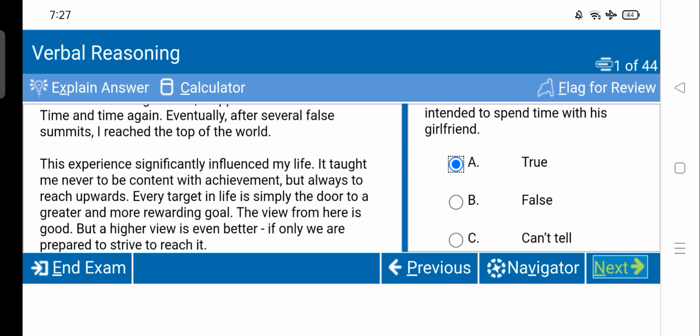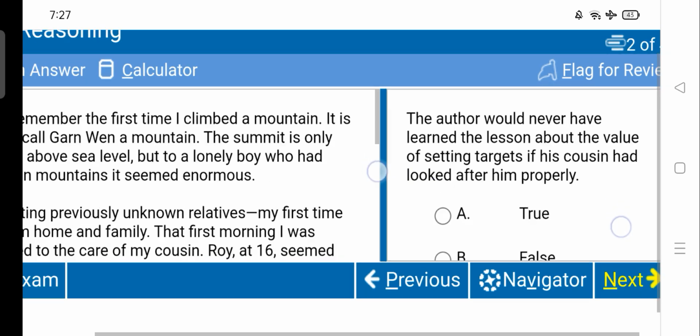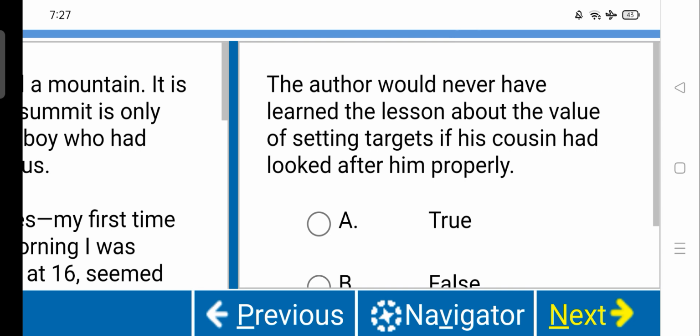Okay. The next question we have is question number 2, which says the author would never have learned the lesson about the value of setting targets if his cousin had looked after him properly. Option A, true. Option B, false.